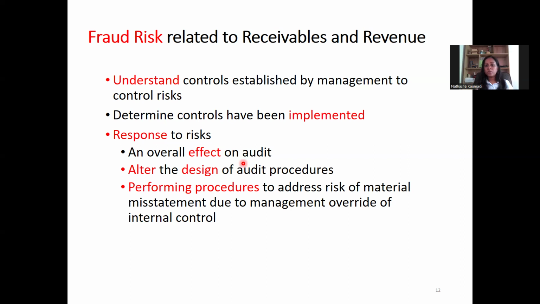Now, based on your understanding, you see controls are not working effectively, controls have not been designed effectively, they have not been implemented well, so there's a high fraud risk. In that case, you need to say, okay, now what is the overall impact on the audit? Do I have to change the audit procedures? Do I have to change the materiality computation? Likewise, you need to see the overall impact on the audit.